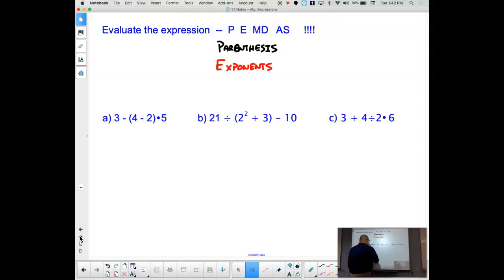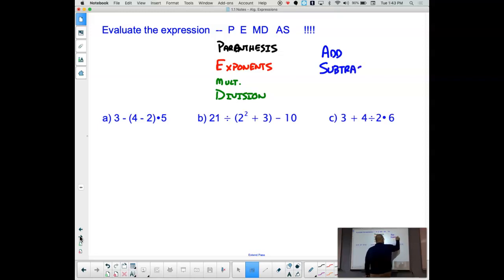Then, you need to do multiplying and dividing. Those two we do at the same time, left to right. Then, adding and subtracting. Again, left to right at the same time.